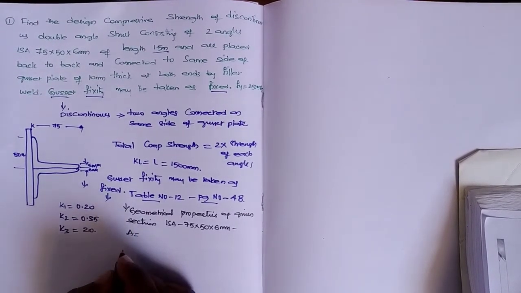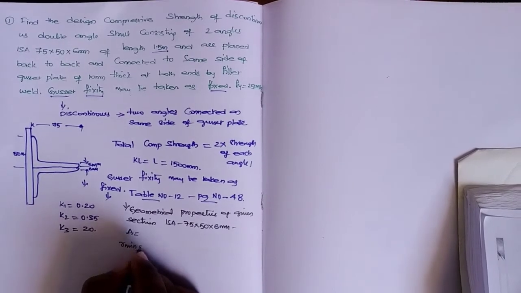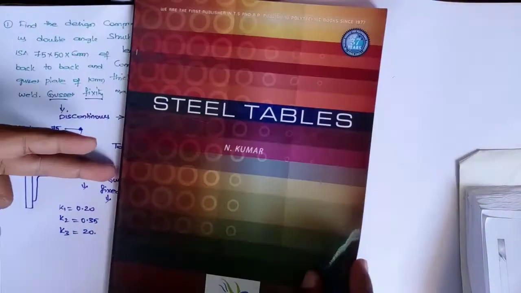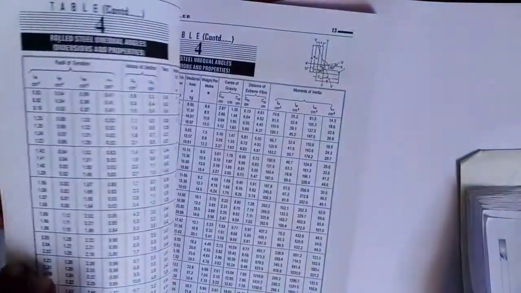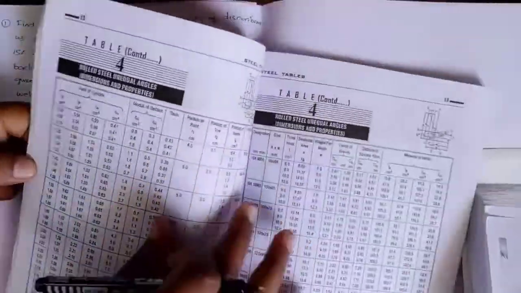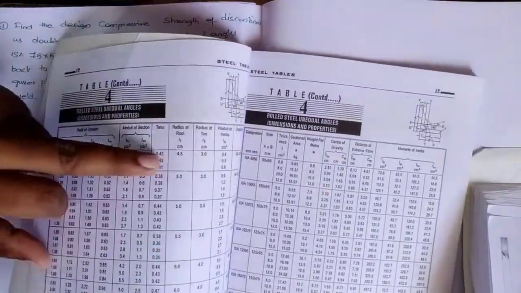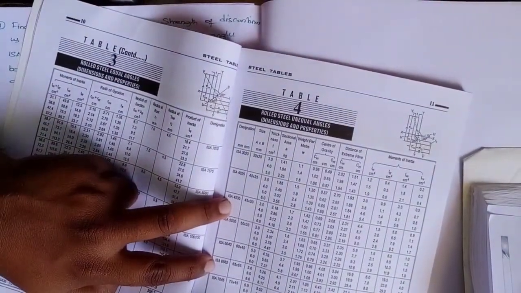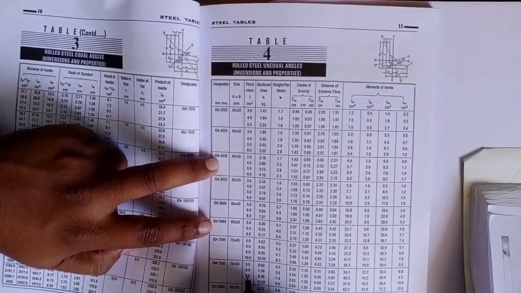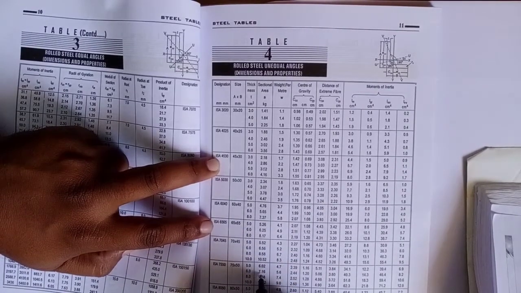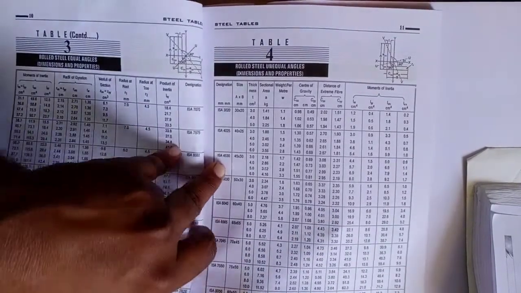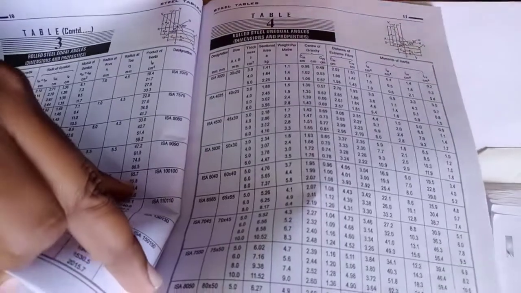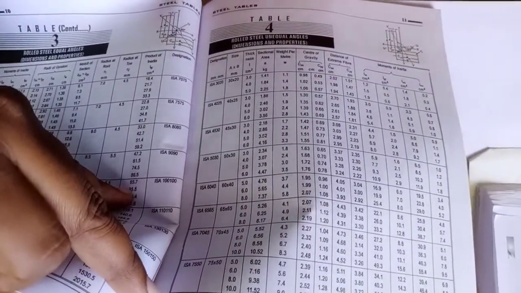Mainly area and r minimum, right? So this is the steel table angle section, and see 75 by 50 by 6 mm. What is the area? 716. Okay, so 716 mm square.